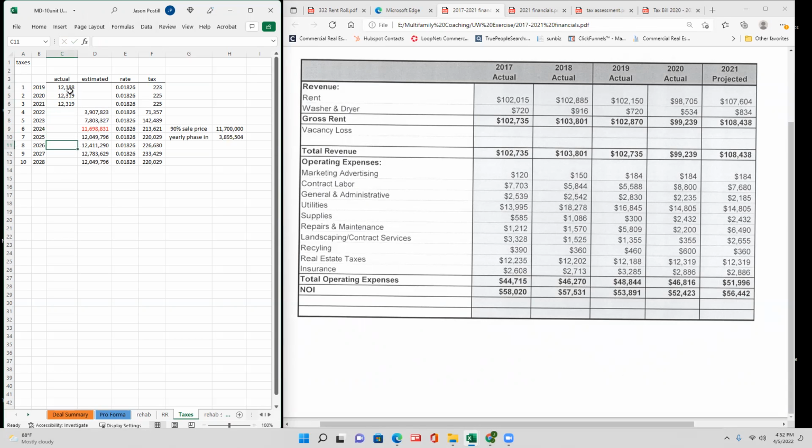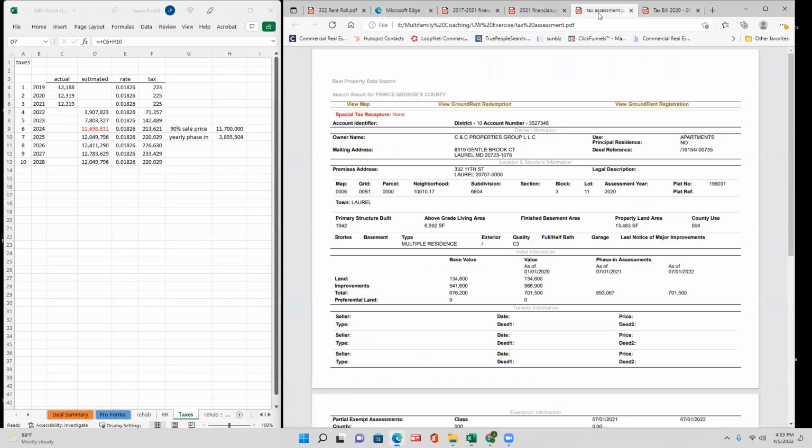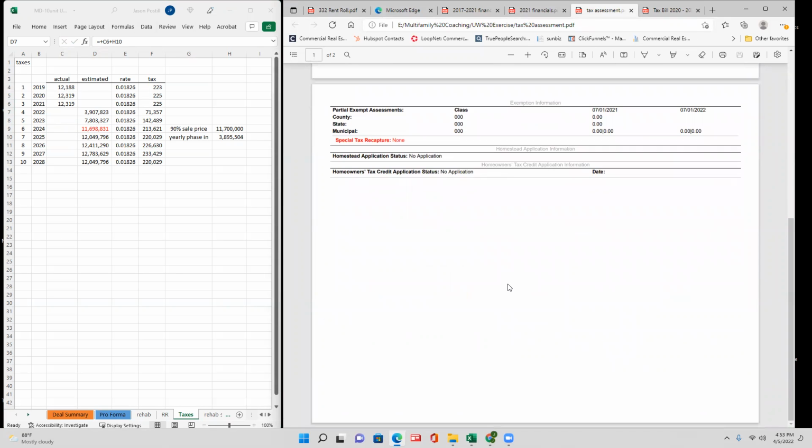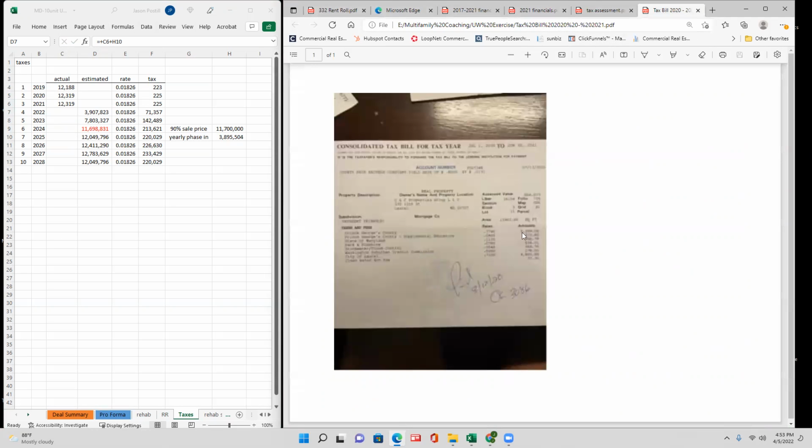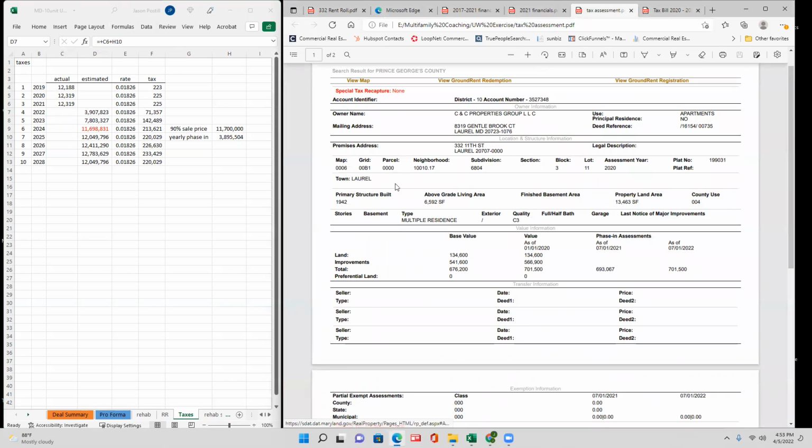Okay, so now estimated, where is this estimation coming from? So year 4, let's see, this should be the estimated value, and then it's going off the millage rate. Oh, he gave me those. That's right. Okay, so we have the millage rate. Tax bill, I can't even read it. There should be a millage rate somewhere.